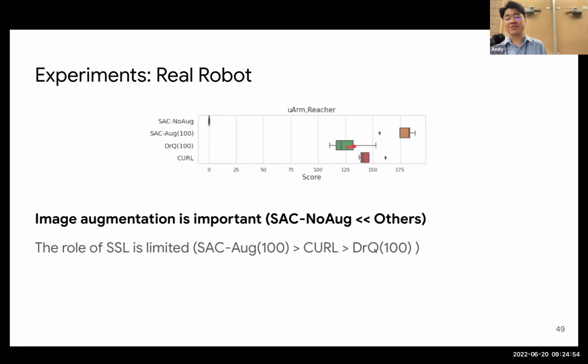Maybe the hyperparameters were off. This is image augmentation only, and this is image augmentation only, relying on different augmentations. But in the end, we see that the augmentation identical to what was used in CURL is actually better without the self-supervised loss in CURL.